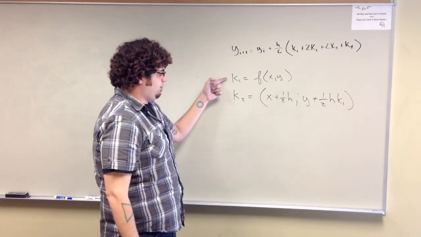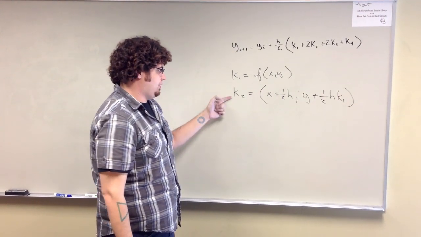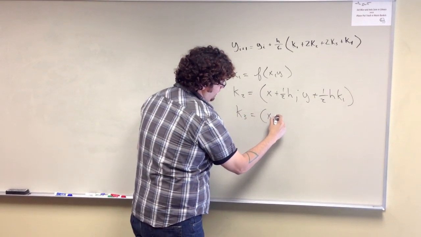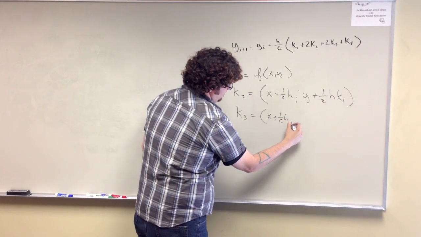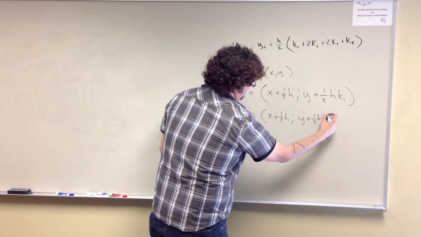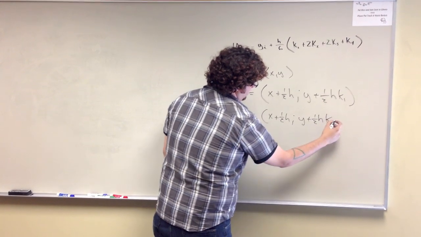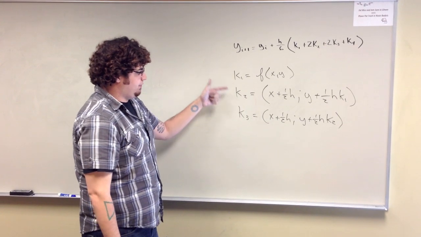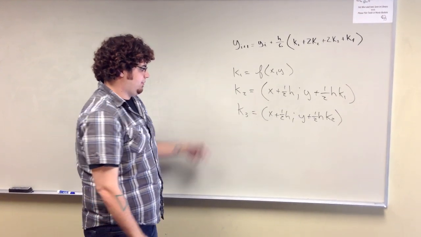So once you have K1, you're able to feed that into K2, and likewise for K3, x plus 1/2 of that step size, y plus 1/2 of that step size, but this time you're going to be multiplying the y value by K2.